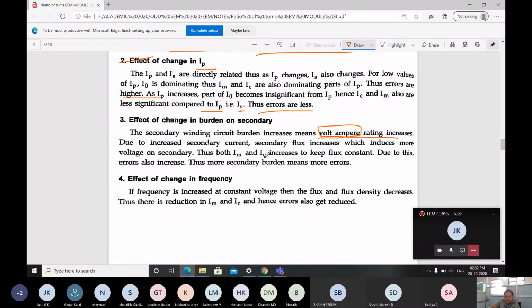Thus, both IM and IC increase to keep the flux constant. Due to this, errors also increase. Thus, more secondary burden means more errors. So the load you fix for your circuit should be low, or else only as much load as is necessary should be put on.